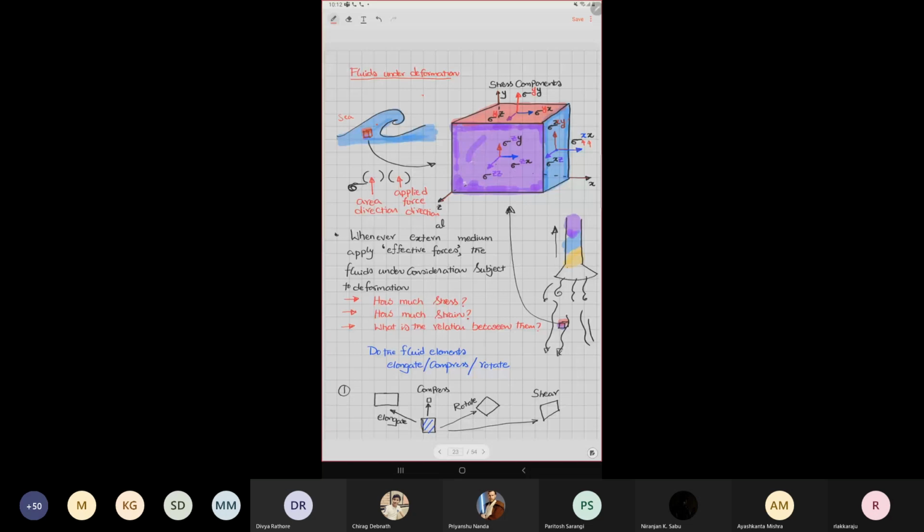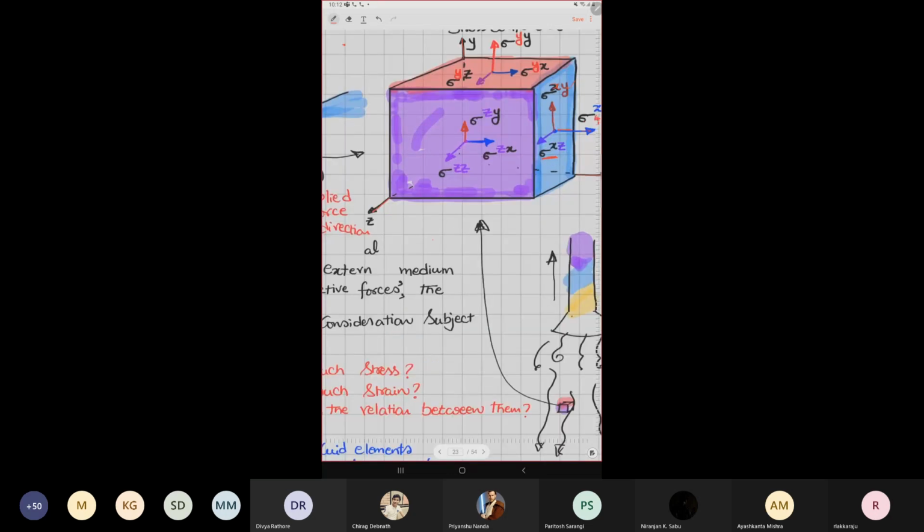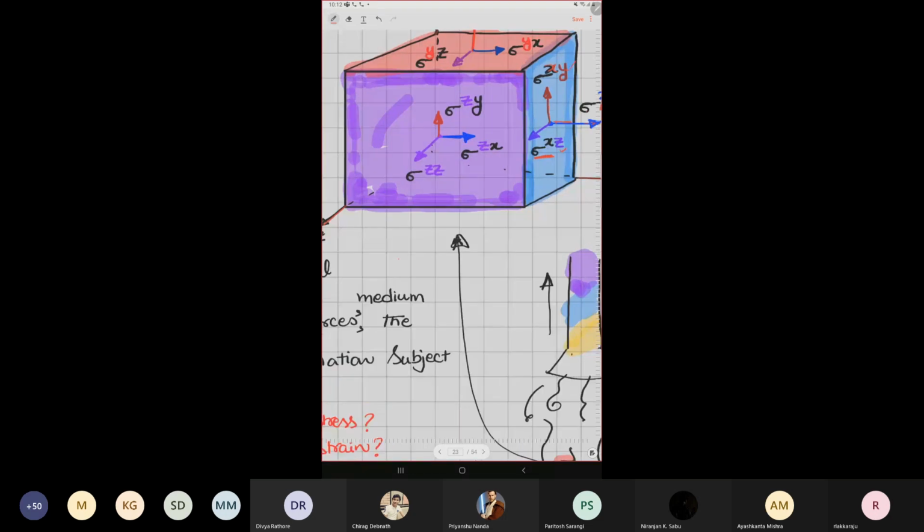That is what we call sigma xy. Similarly, the sigma xz component corresponds to a force acting parallel to that surface in the z direction, and the surface is in the x direction. That is the way we describe it.